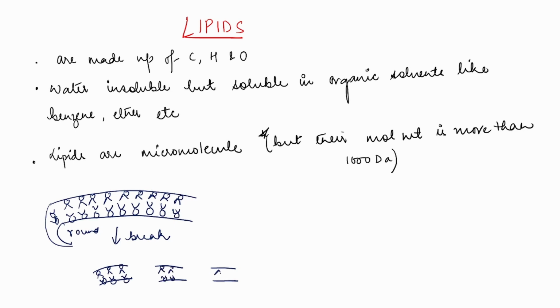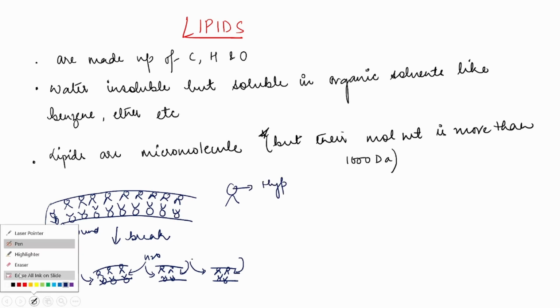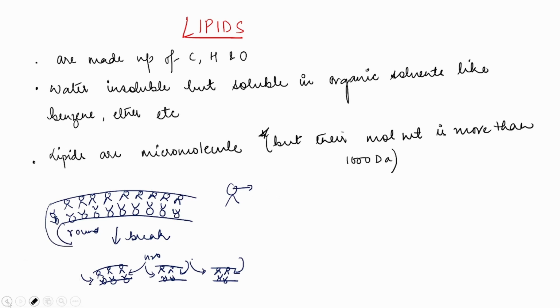So what will happen? These small fragments have a chance of getting exposed to water from both ends. Water may enter from both ends. We know that in this structure, this part is hydrophilic and this part is hydrophobic.